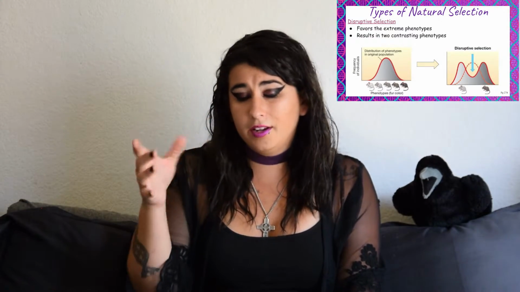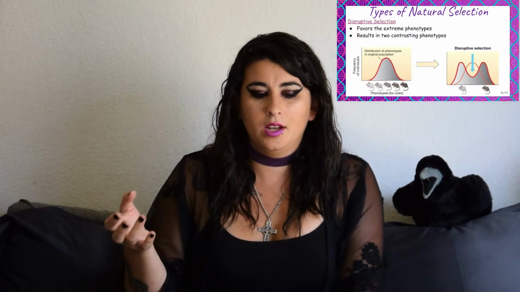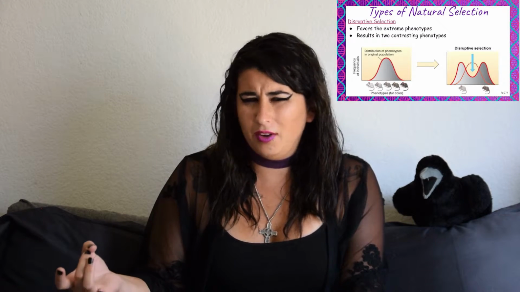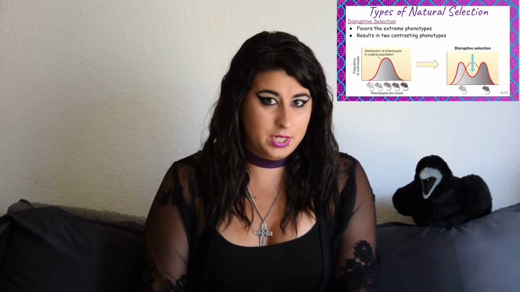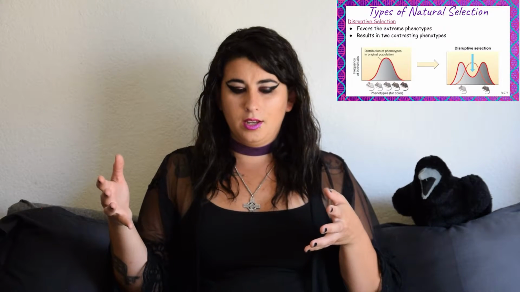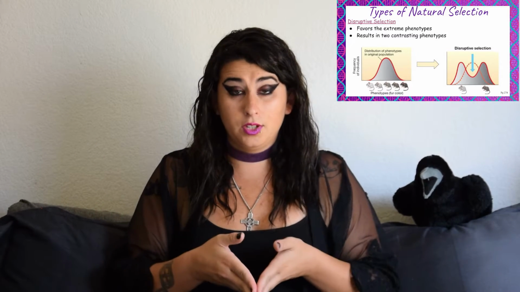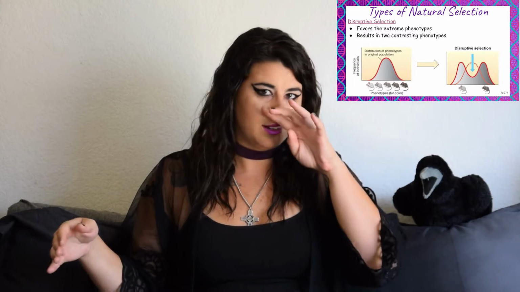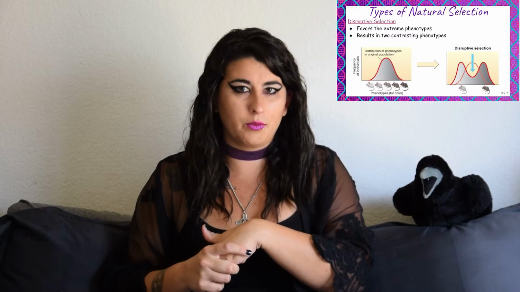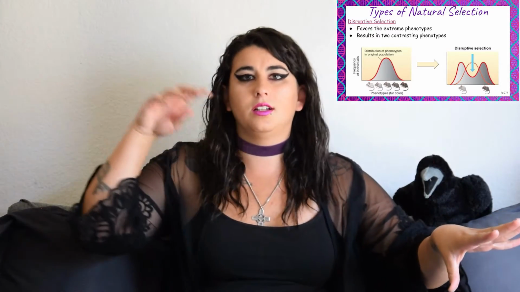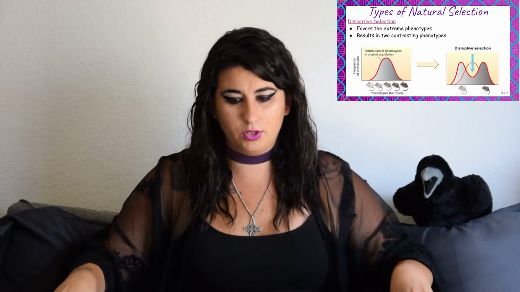And an interesting one, or at least one that I think is interesting, is disruptive selection, because it favors the extreme phenotypes. The result here is that the middle phenotypes are gone, and there's this double humped curve where we have a lot of really light colored individuals and a lot of really dark colored individuals.